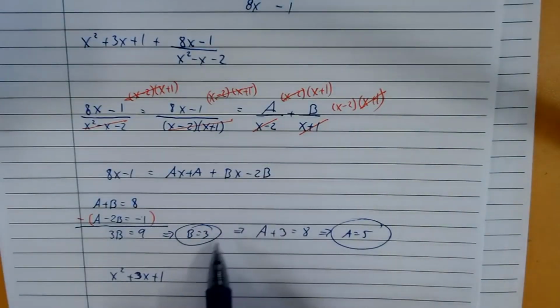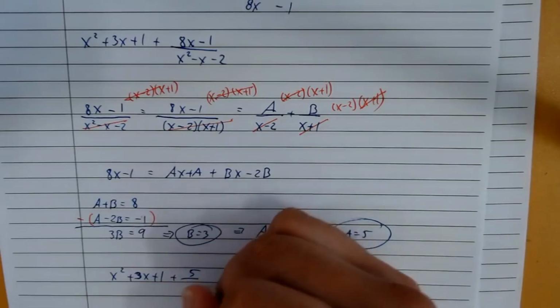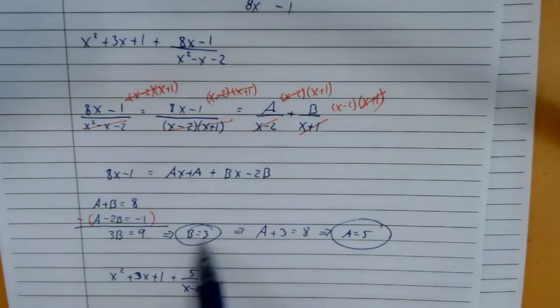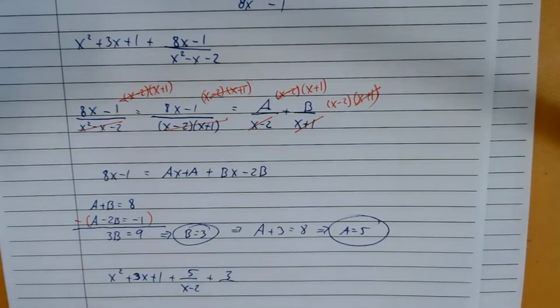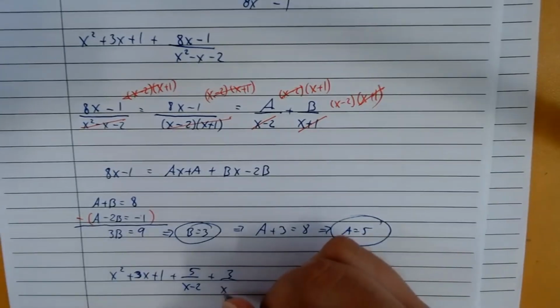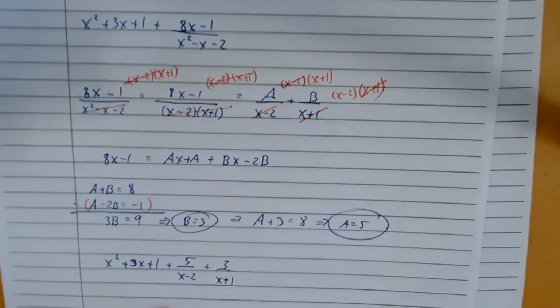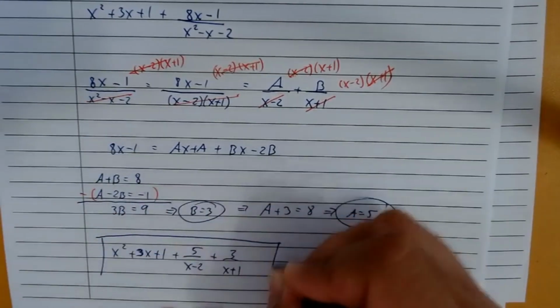And that will decompose as 5 over x minus 2 plus our B is 3 over x plus 1. Just like that. And that is our result.